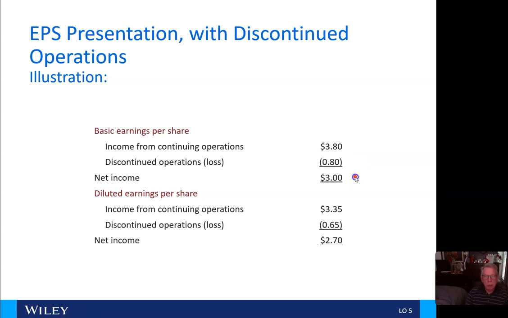So our net income was $3 basic earnings per share. But our diluted earnings per share was $3.35 from continuing operations and 65 cents from discontinued operations loss, leaving us with $2.70 net income.